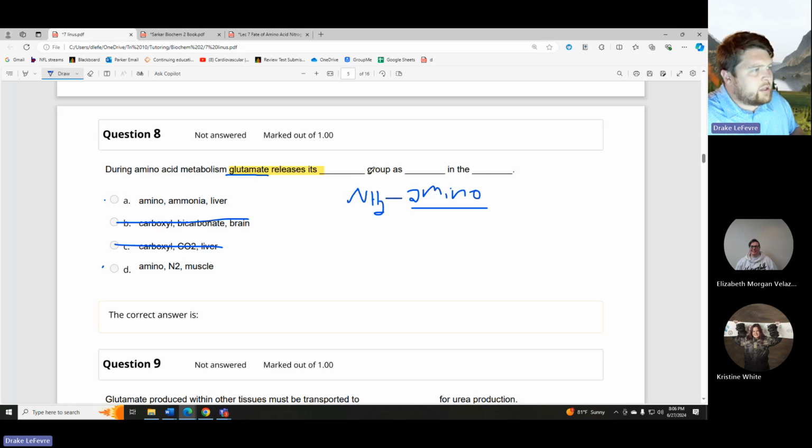And we look, so glutamate releases its amino group as blank in the blank. So if we look at this, we think N2, all of our amino acids only have one nitrogen, so it can't be that. And so it's going to be A. Amino releases its amino, so glutamate releases its amino group as ammonia, so it picks up another hydrogen, NH3, and that happens inside of the liver.